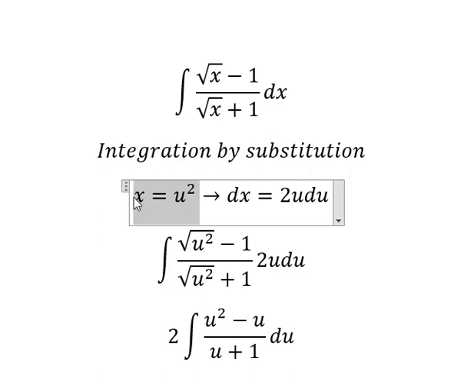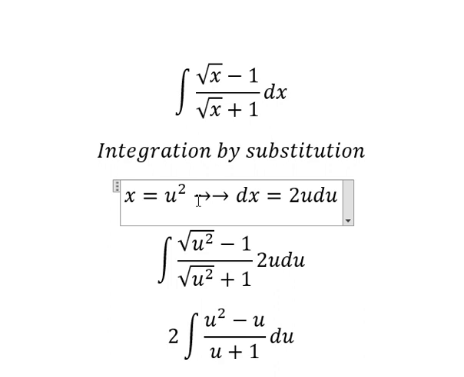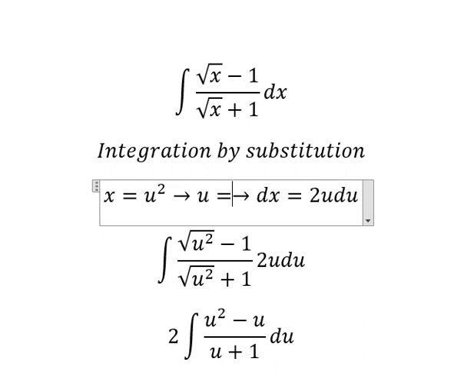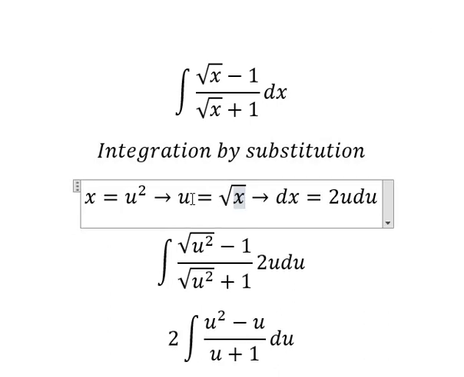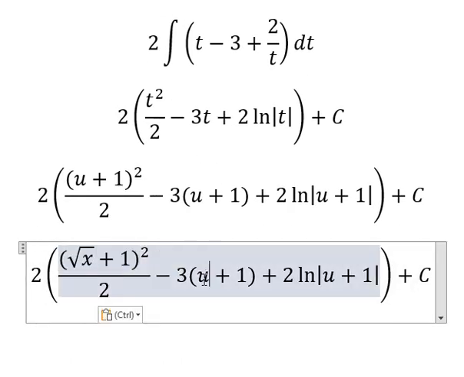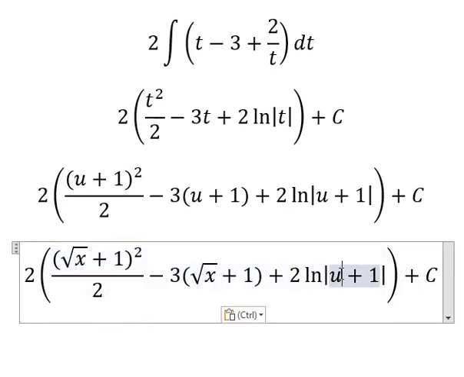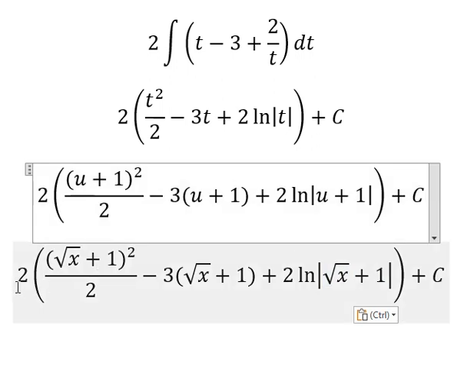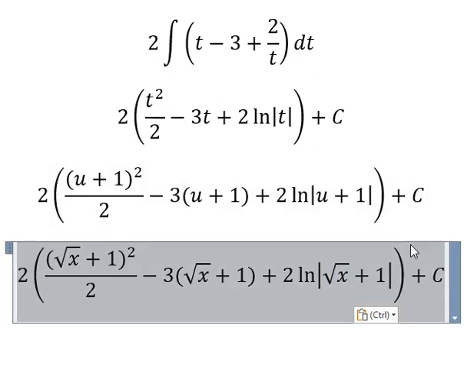So we put the square root for both sides. Now we need to change to the square root of x for t, or for u, sorry. And this is the final answer.